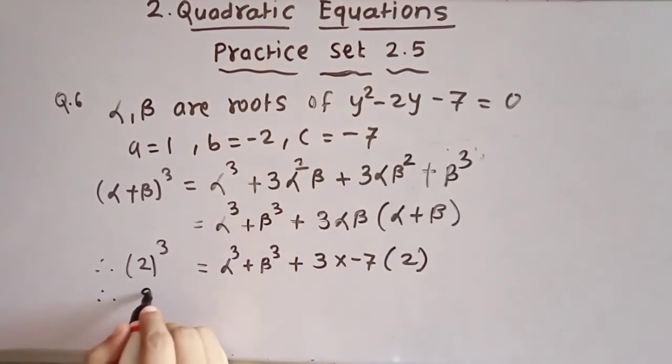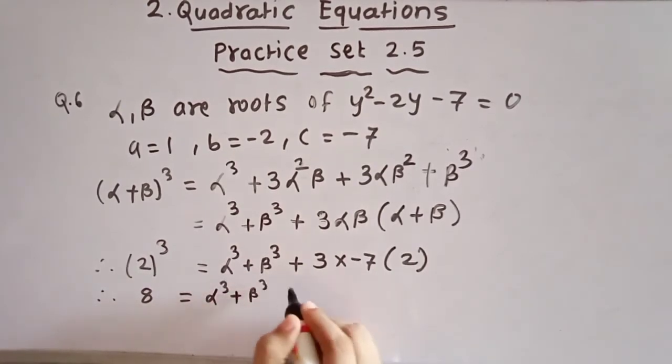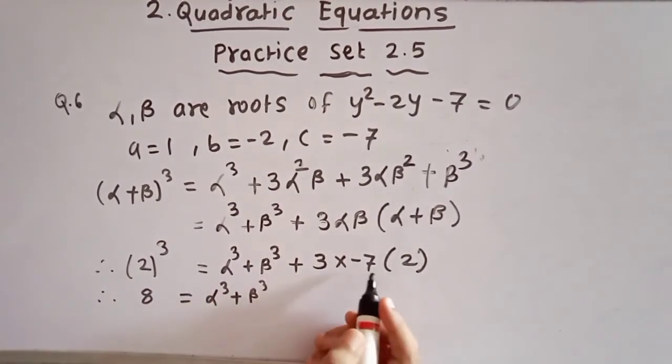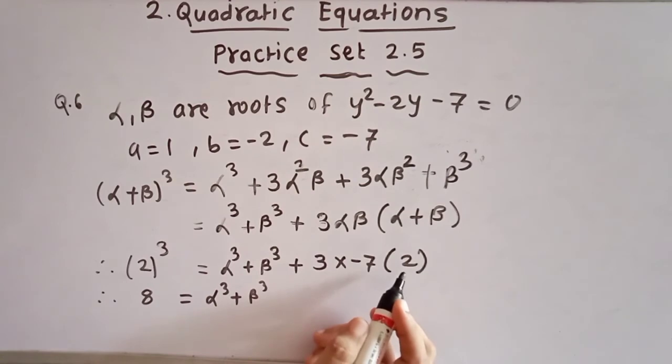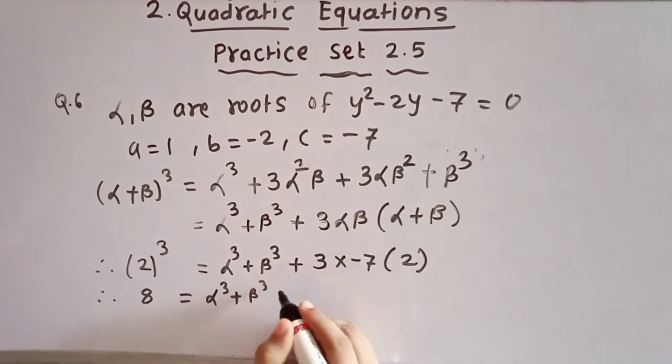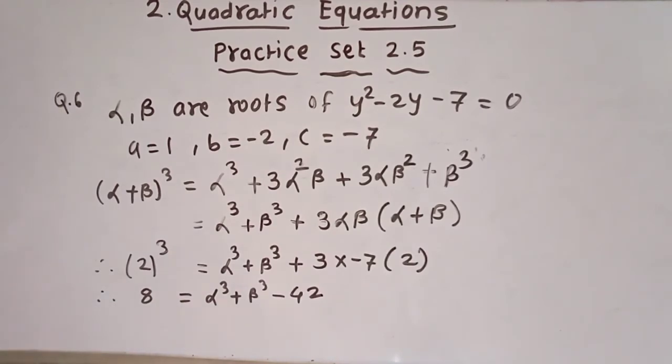So if you calculate, you will get alpha cube plus beta cube is equal to what? Minus 7 2s are minus 14, minus 14 minus 42. Yes or no?